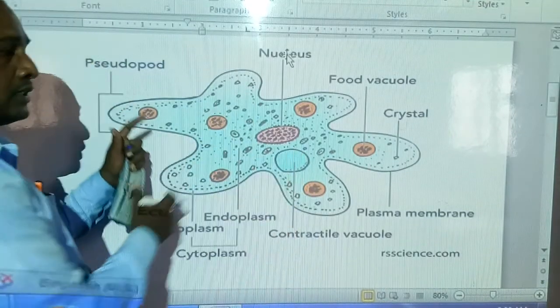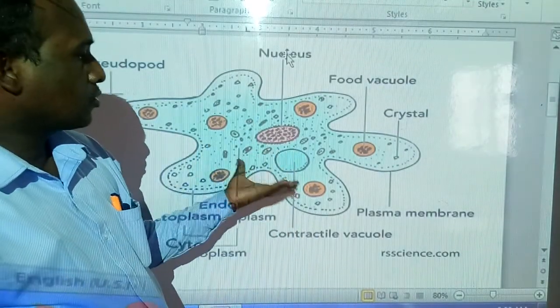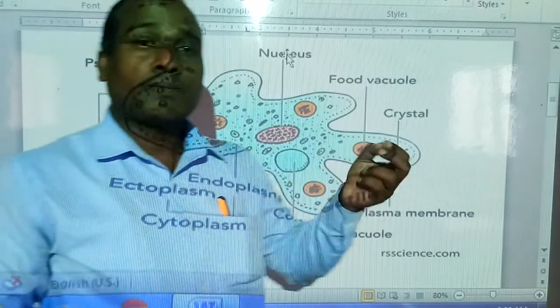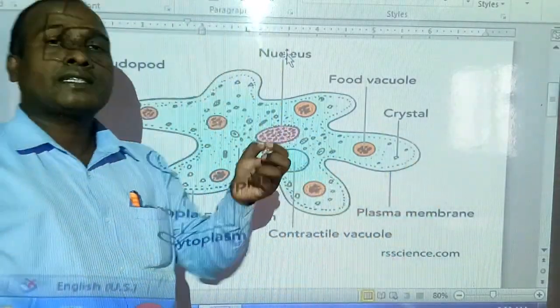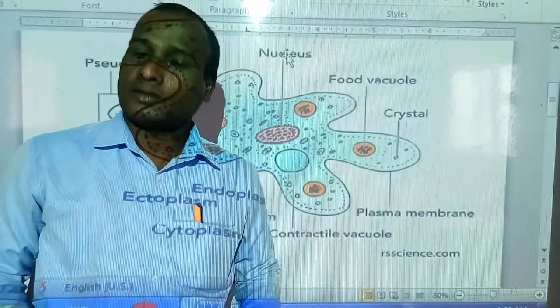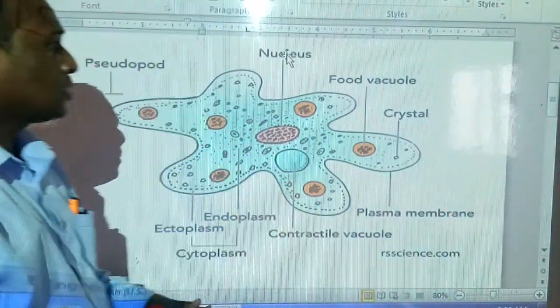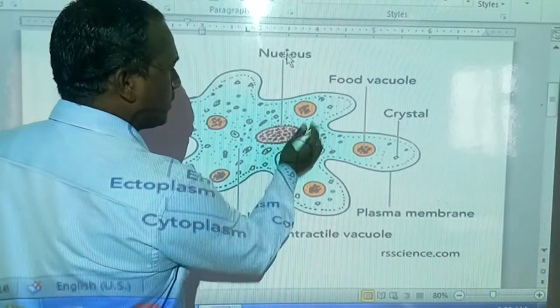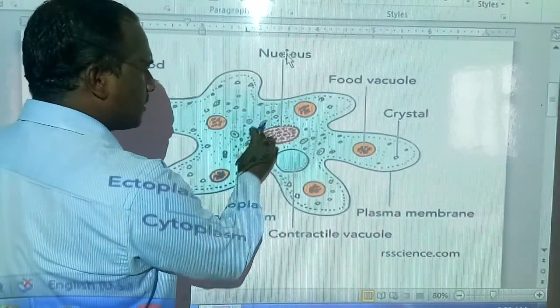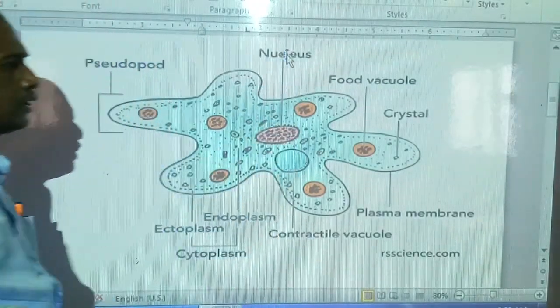Don't think it is made like this, we see this picture through the microscope. It is a single-celled organism, and in the middle it contains the nucleus.